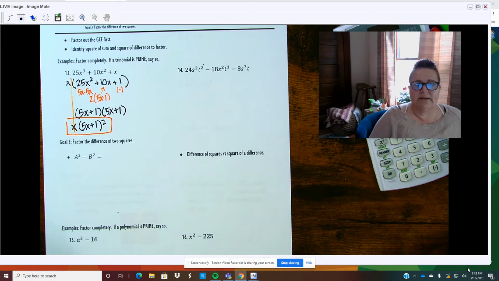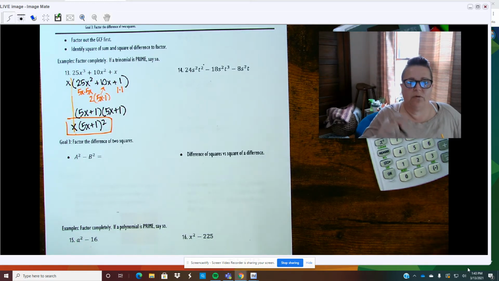That's messy. Okay, so I have 24s squared t squared minus 18s squared t cubed minus 8s squared t. I think I can pull out an s squared t. I can't pull out an 8. What about a 4? 4 didn't go into 18.